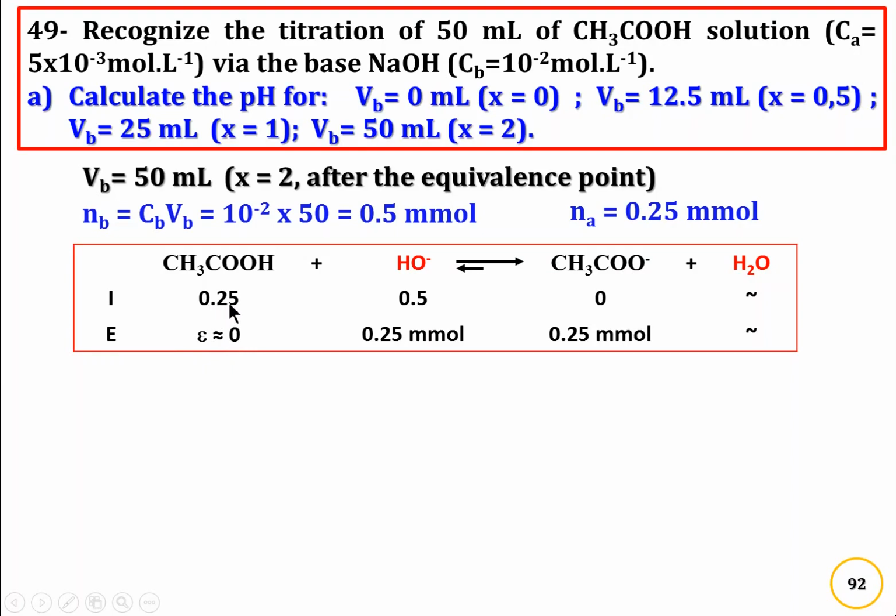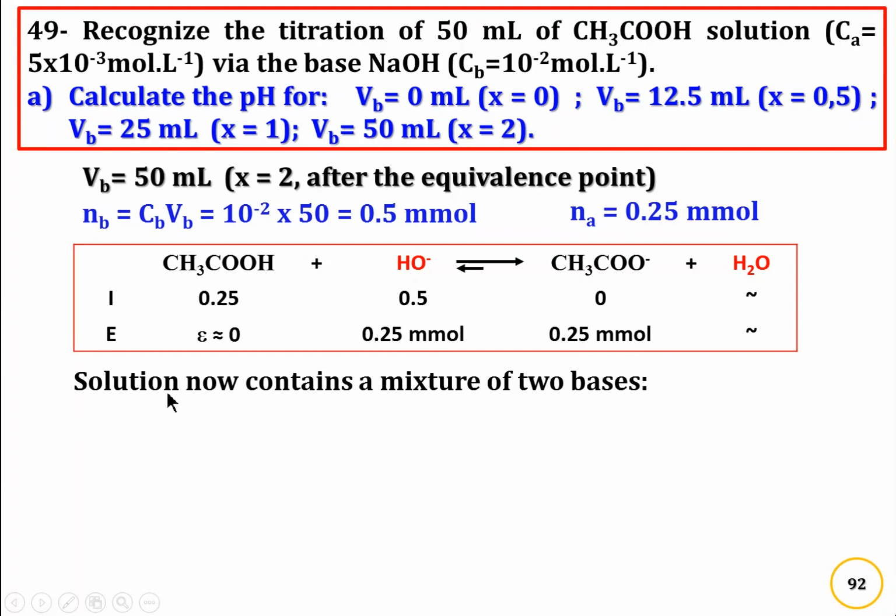So 0.25 will disappear completely, and OH⁻ at equilibrium is equal to 0.5 minus 0.25, so we will have 0.25 millimole of OH⁻ in excess, and formation of 0.25 millimole of the conjugate form of the acetic acid, which is the acetate.